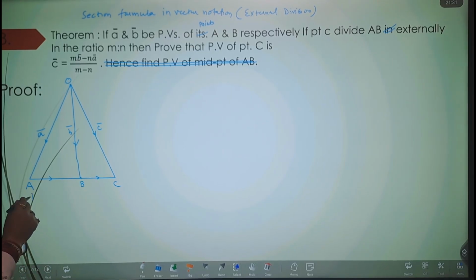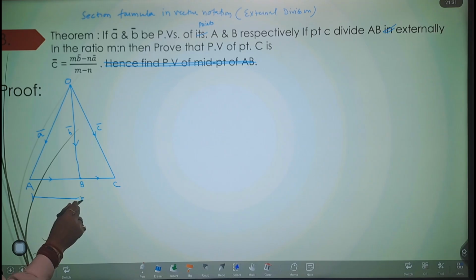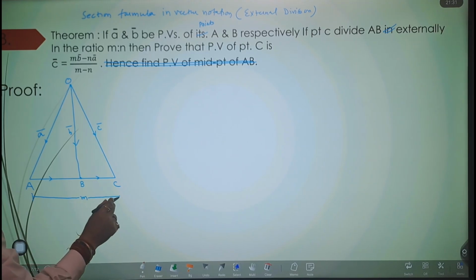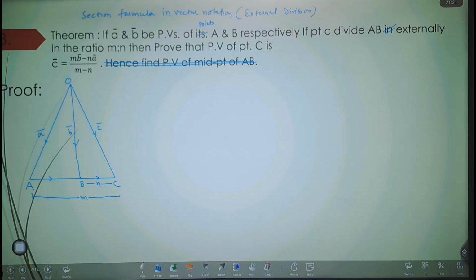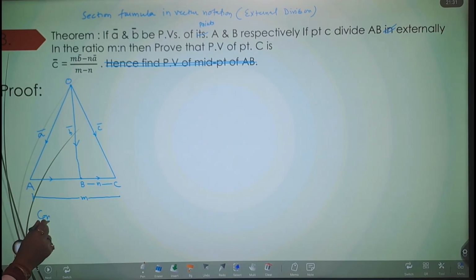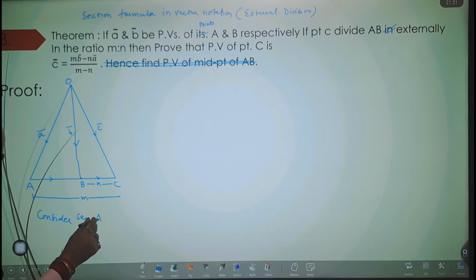C divides segment AB in the ratio m is to n. Consider segment AB.